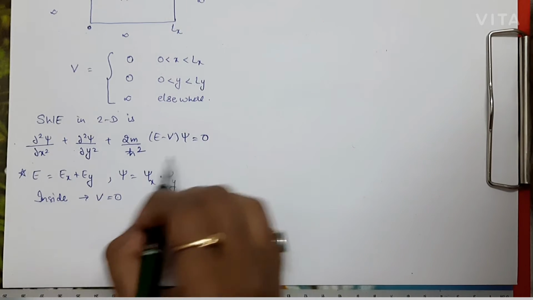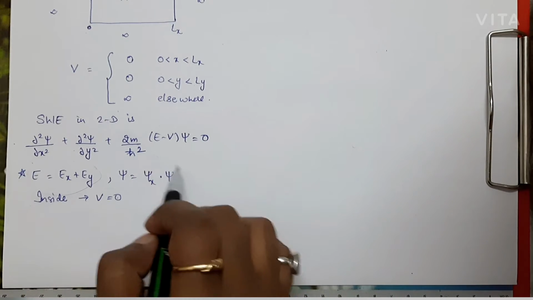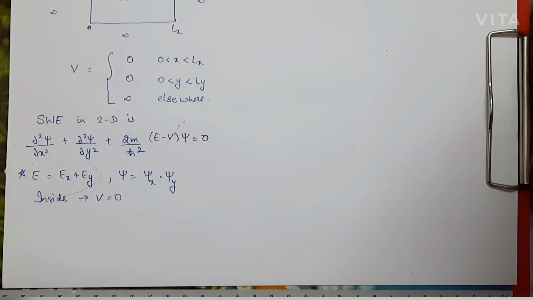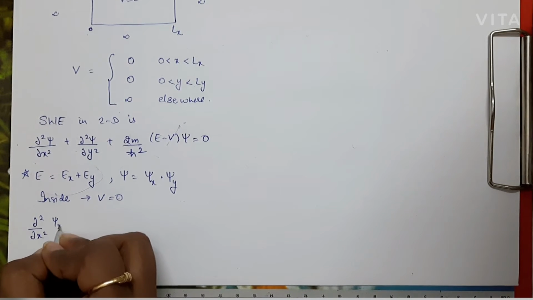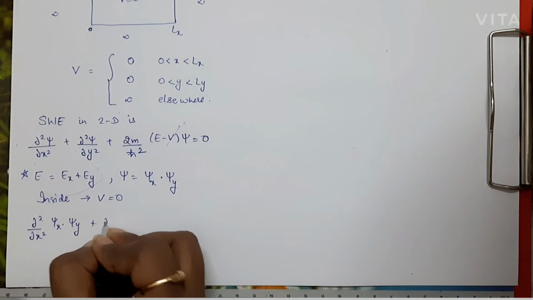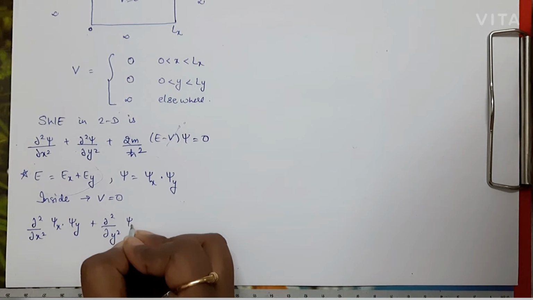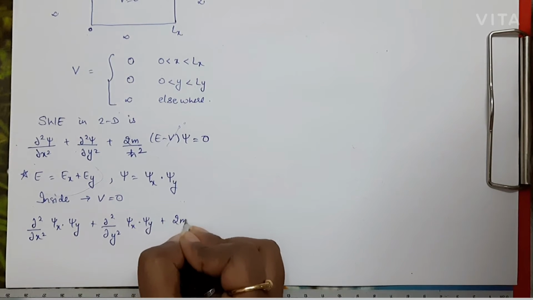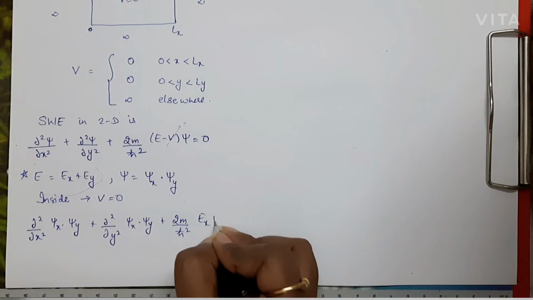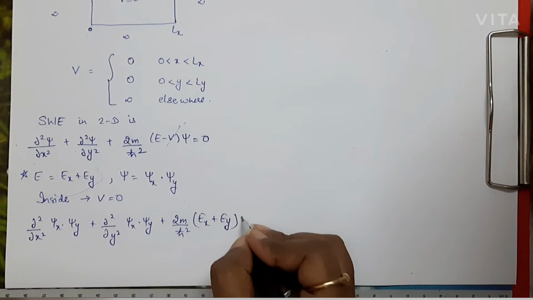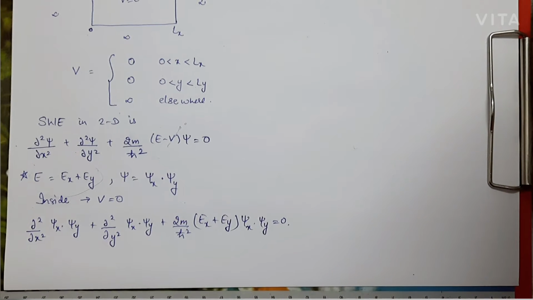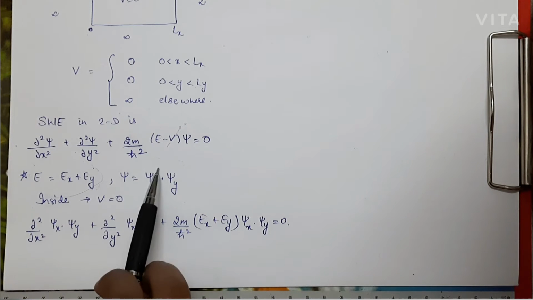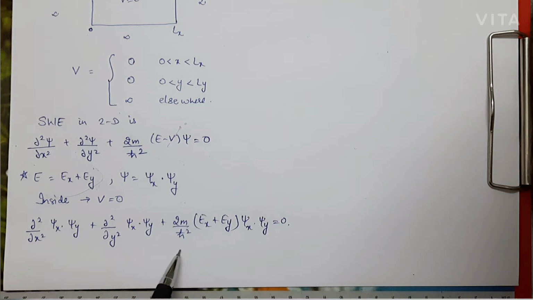So now in this equation if we substitute these two values and potential equals 0, then what we are going to get is... so basically what I have done is I have substituted these two values and V equals 0 in this equation. I have got this equation, right?